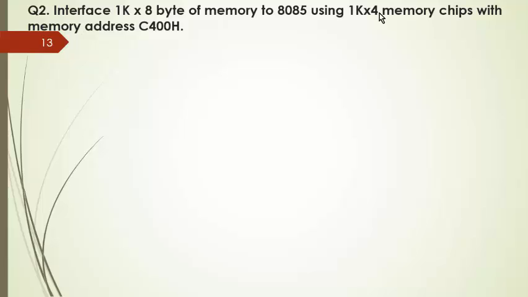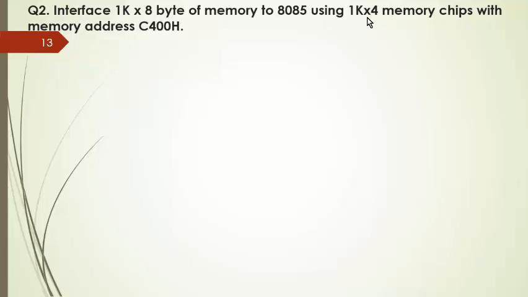hex. So in this question the total memory capacity is given as 1K by 8, 1 kilobyte by 8. Here 1K gives you the number of address lines and 8 indicates the number of data lines.